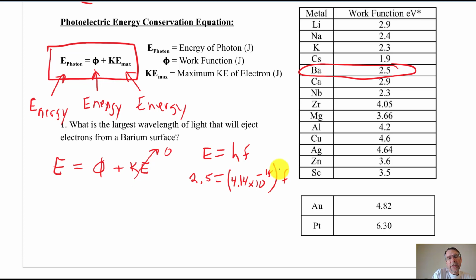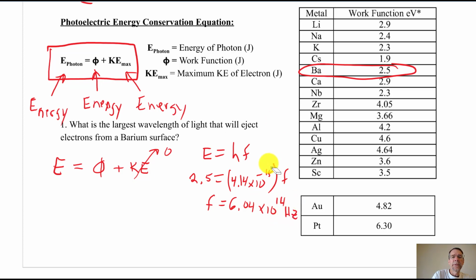So you do the calculation there, and you get the frequency of those photons, I believe, is 6.04 times 10 to the 14th hertz. That's the frequency of those.